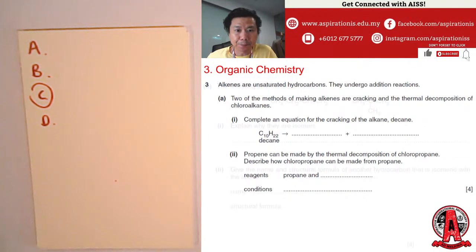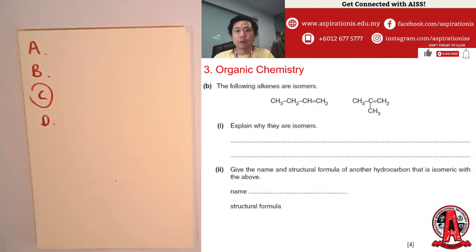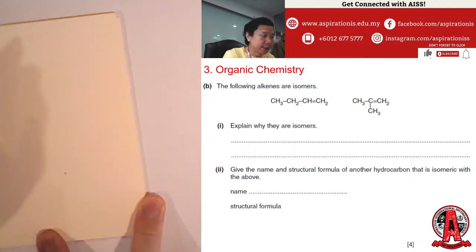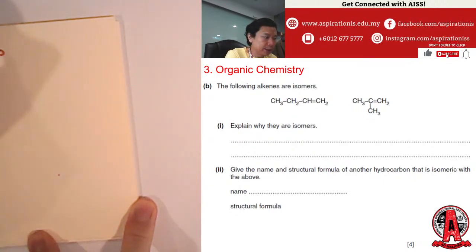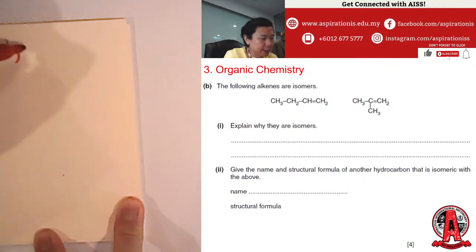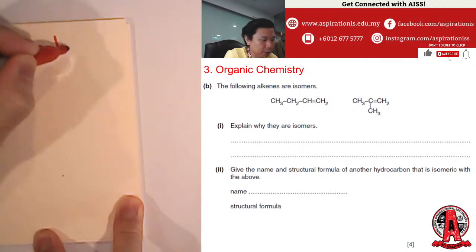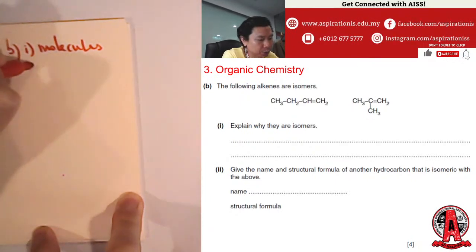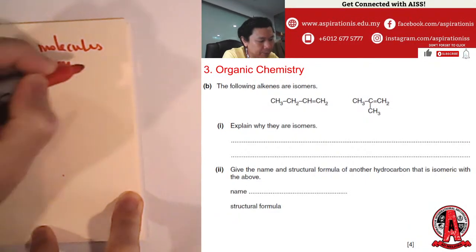Moving on. For B, you say that isomers are molecules with the same molecular formula but different structural formula. Guys, it's best to start with a subject.